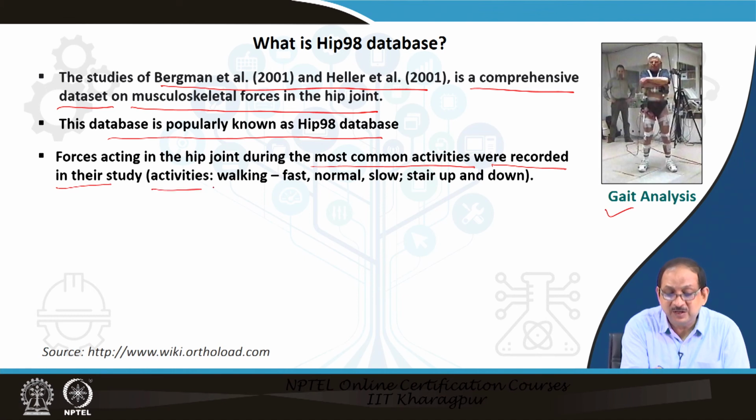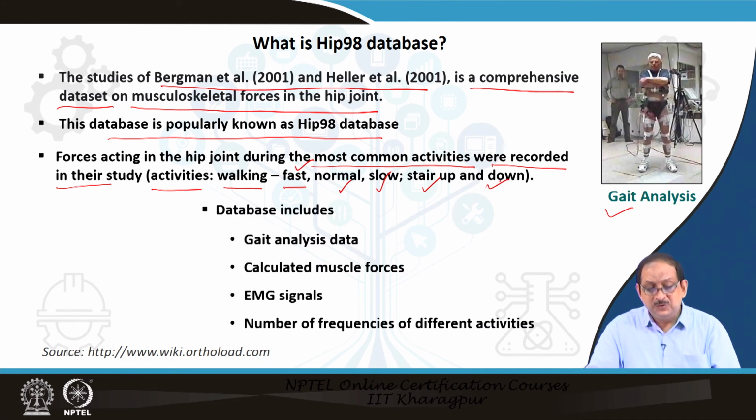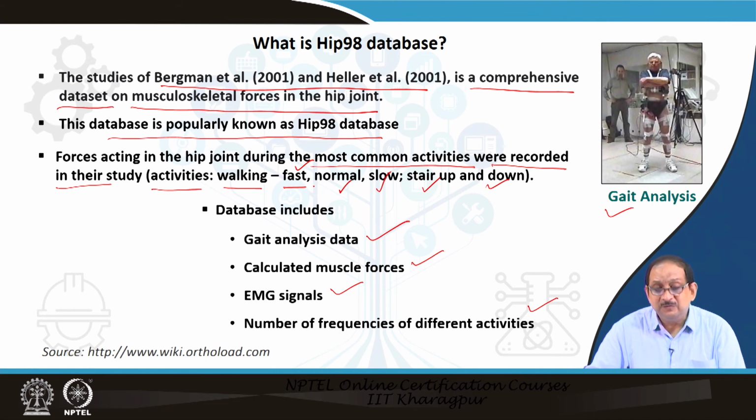So, the activities range from walking, different types of walking, fast, normal, slow, stair up and stair down. The database includes gait analysis data, calculated muscle forces, EMG signals, and frequencies of the different activities like the different types of walking, stair climbing and stair down.